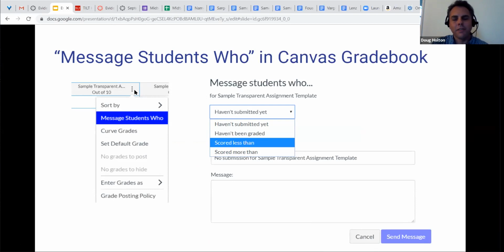We have a bunch of different nicknames for those 3 vertical dots, and choose Message Students Who, and you can send a special personalized message to say the students who haven't submitted something yet or scored not so well on an assignment or a quiz or something like that. Of course, you can also send personalized messages via the inbox tool or the announcements. And again, if any of you have any examples of how you've used strategies like this or any questions, let me know.